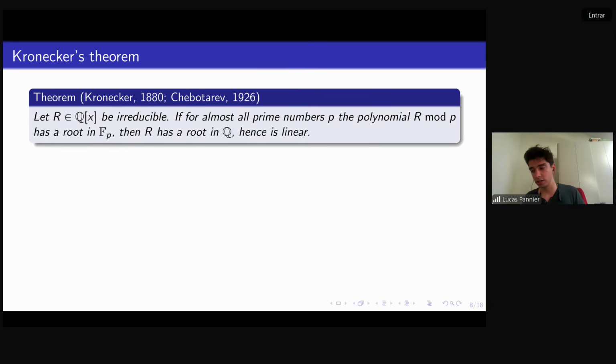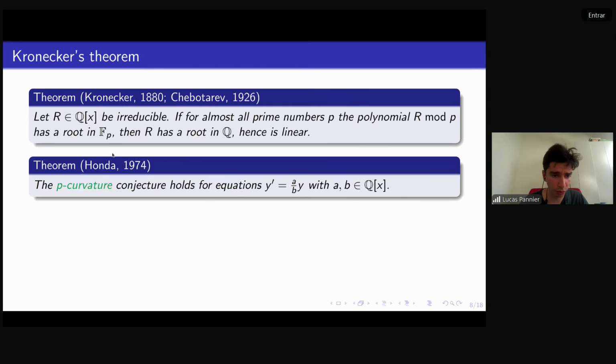It was first stated by Kronecker in 1880 and then proved by Chebotarev in 1926 with a high-level number theoretic theorem. But there is actually another proof by the Chudnovskys in their 1985 article that we mentioned earlier. I will talk about that later because this is what allowed us to obtain effective statements.